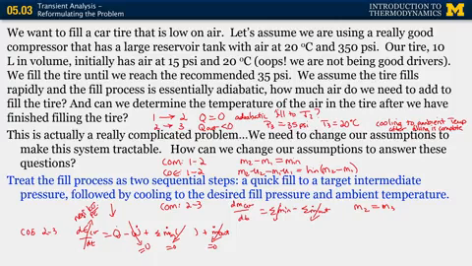So now, from 2 to 3, the governing expression is going to be the difference in the internal energy from the final state to the initial state has to be balanced by the heat transfer from state 2 to 3.